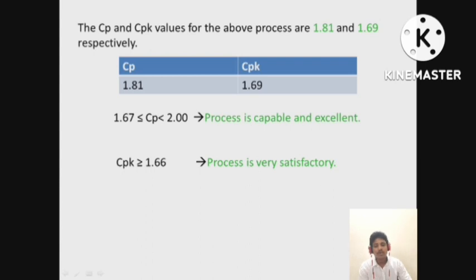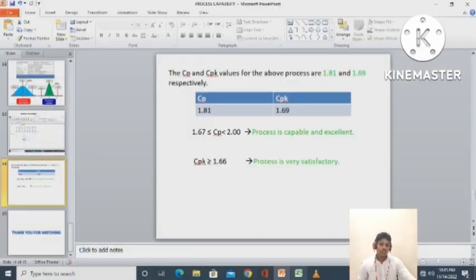If our CP value is between 1.67 and 2, the process is capable and excellent, so our process is capable and excellent at providing outputs. And if the CPK value is greater than or equal to 1.6, the process is very satisfactory. So our process is very satisfactory.